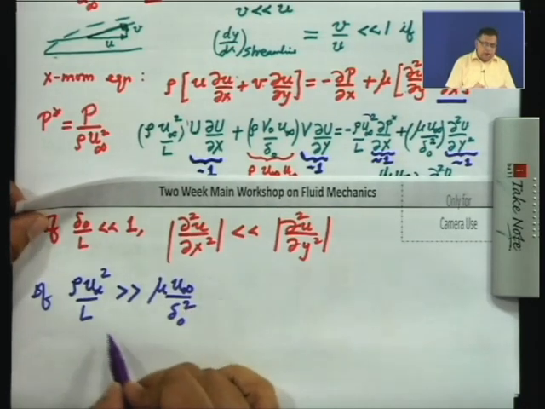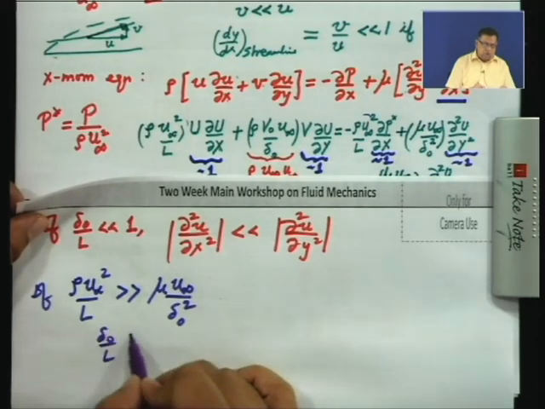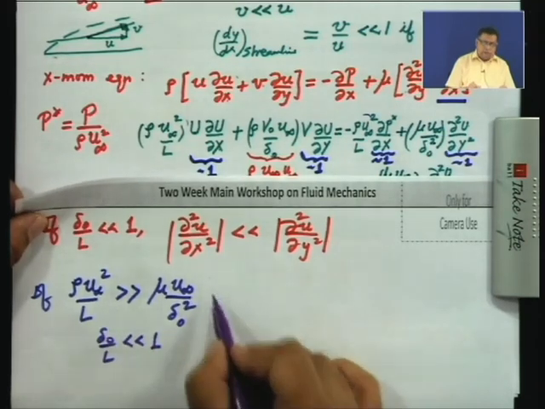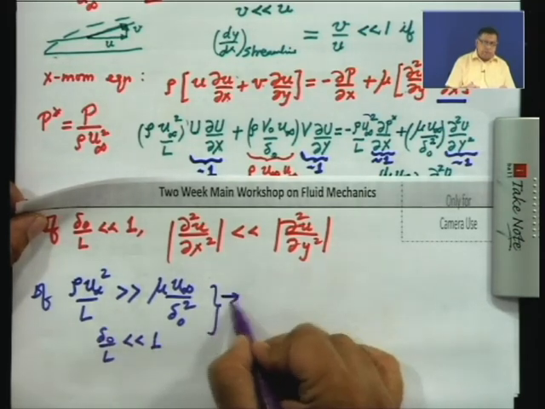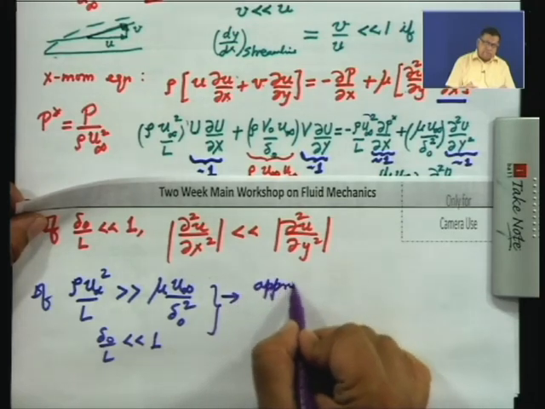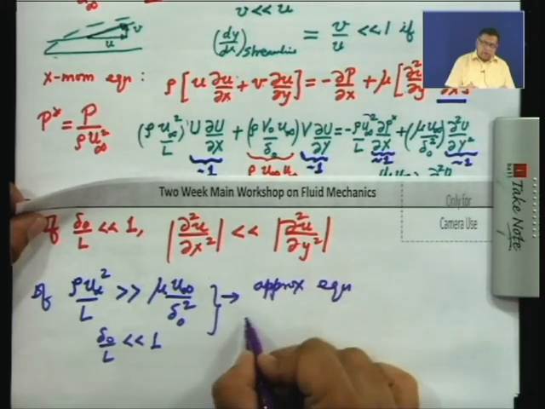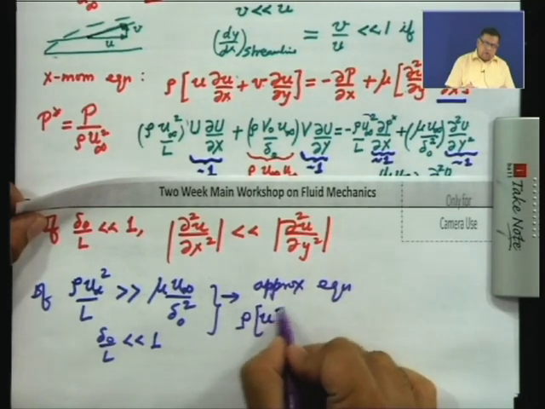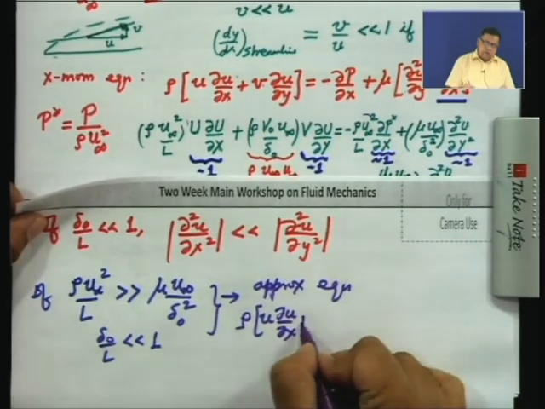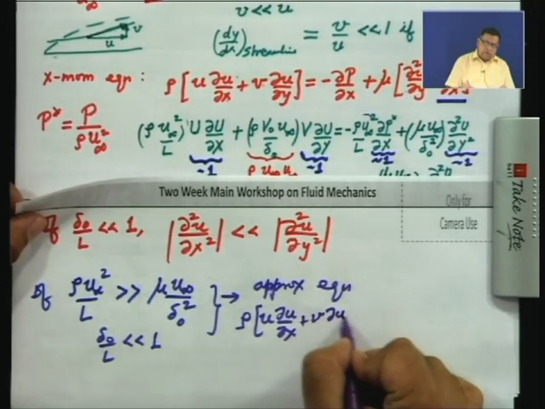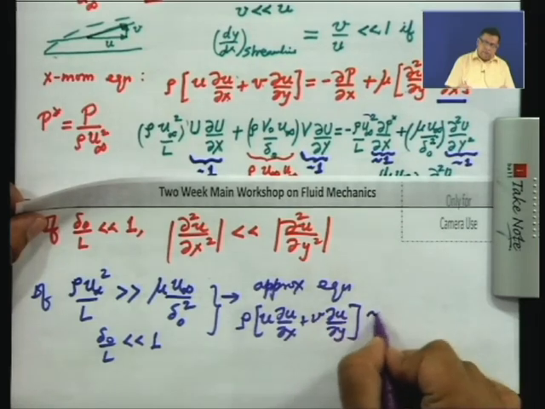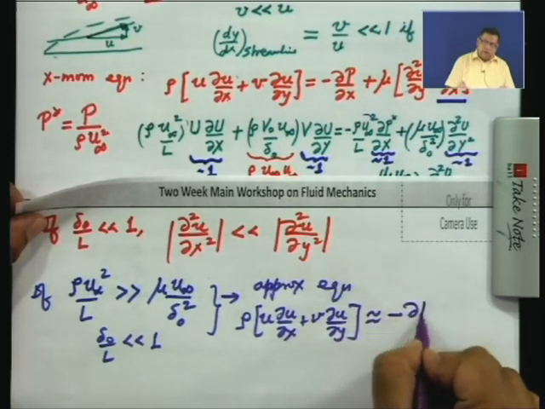If this is true and delta naught by L is also much less than 1, then you have an approximate equation, which is rho times u del u del x plus v del u del y approximately equal to minus del p del x.